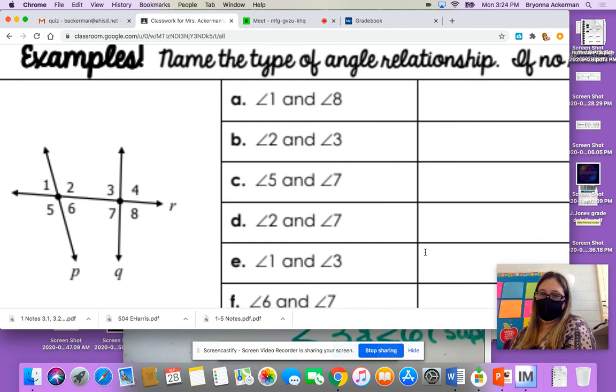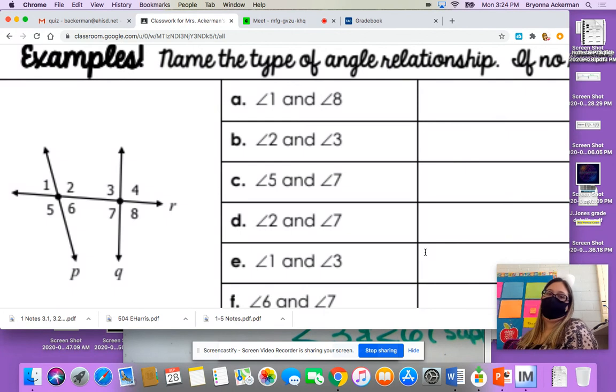What about 2 and 7? Are they interior or exterior? Interior. Are they same side or alternate? Alternate. So D would be alternate interior angles.